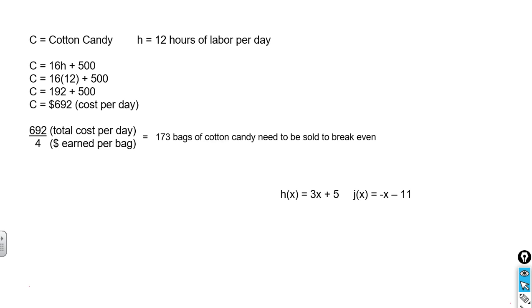They've given us these equations, and we're going to find the difference of those. So if we start with 3x plus 5, and we subtract the negative x minus 11, remember when we subtract a negative, that's the same thing as adding. So we have 3x minus a negative x gives us 4x, and 5 minus a negative 11 gives us positive 16.